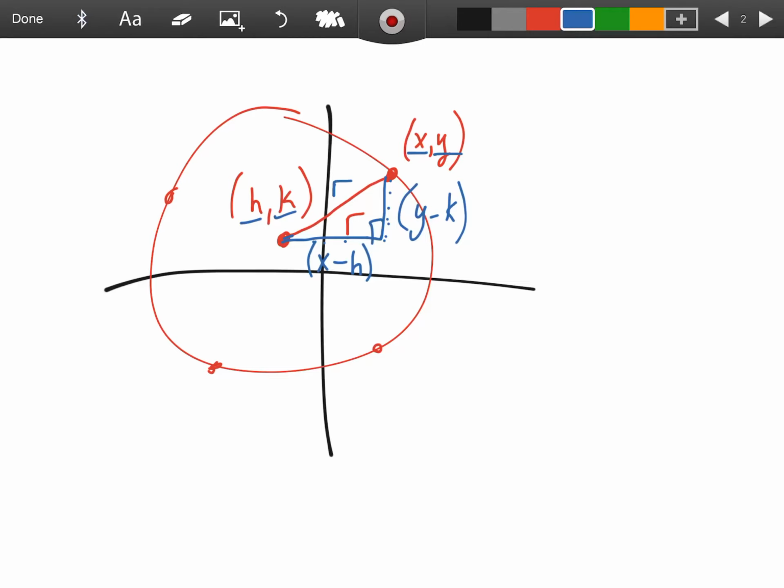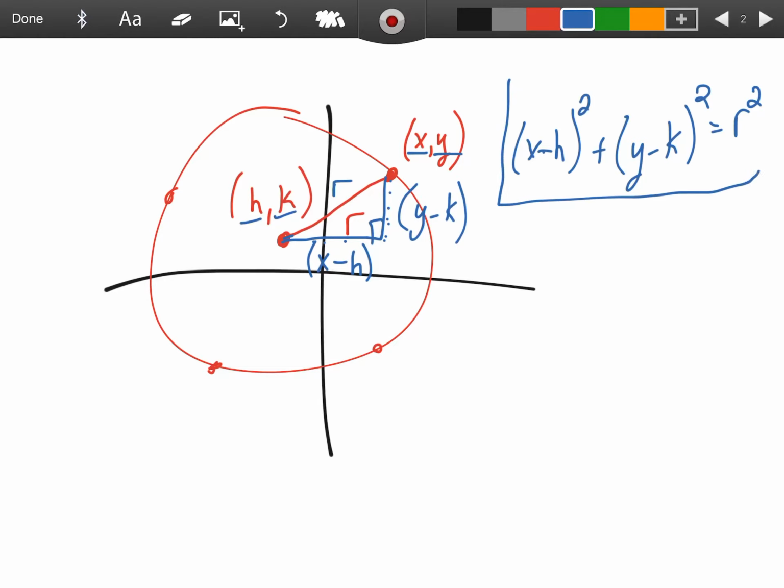So let's now just write our true statement. The squares of the two legs, so x minus h squared plus y minus k squared, has to be equal to r squared. And this is going to be our equation for circles.